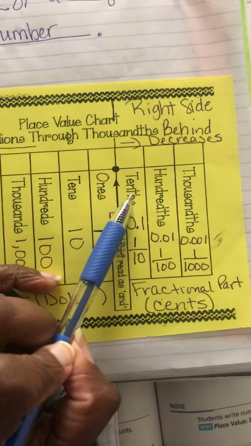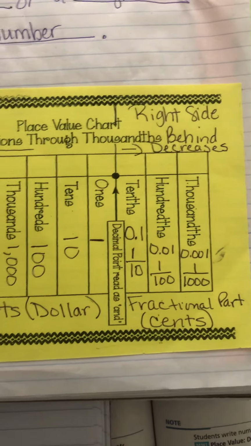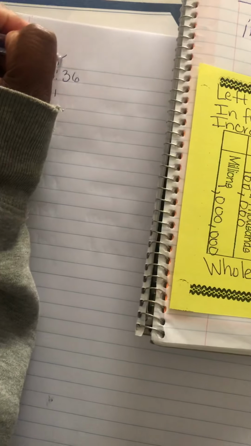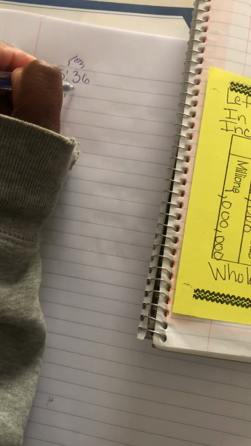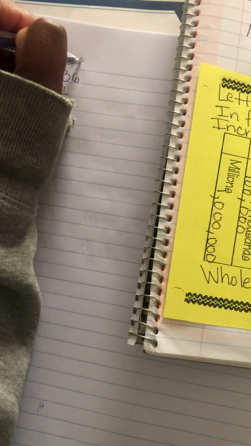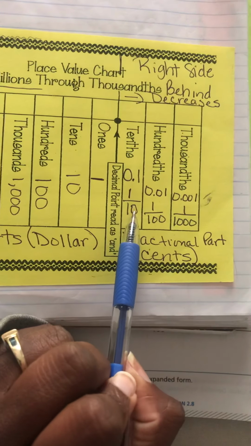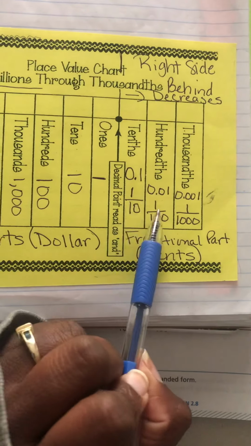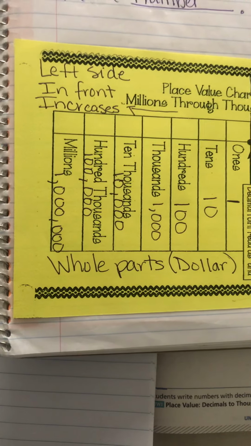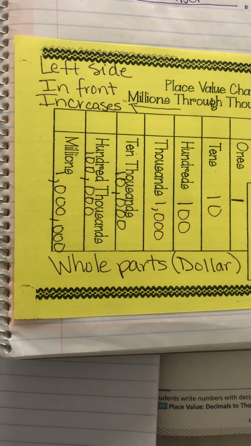This one is in the tenths place, so it's going to be times 1/10, and this one is in the hundredths place, and it's going to be times 1/100. If you look at your place value chart, it gives you the fractions or the decimals that you can write. If we go to the left of the decimal, we have the ones place, and then we have the tens place.